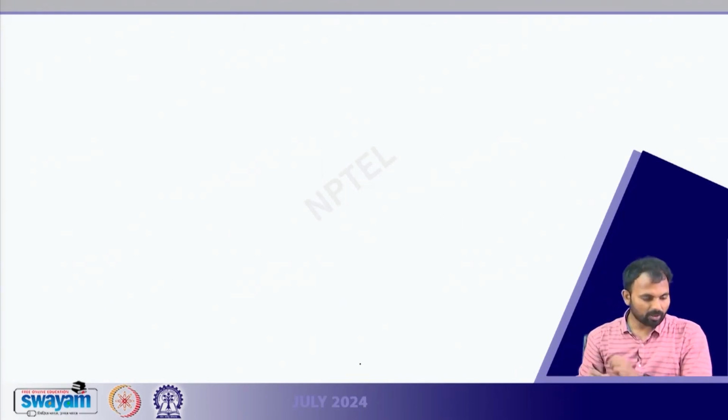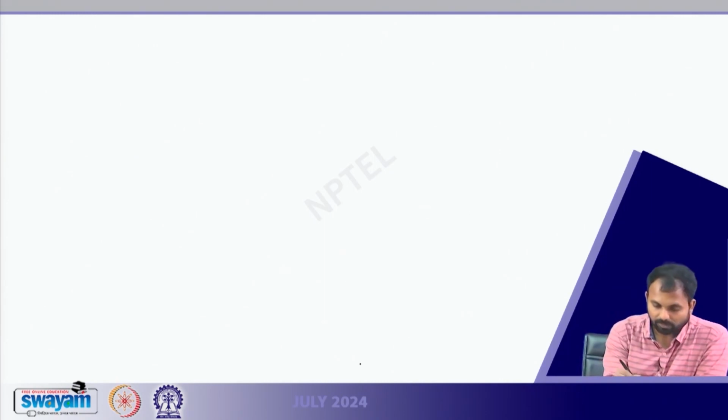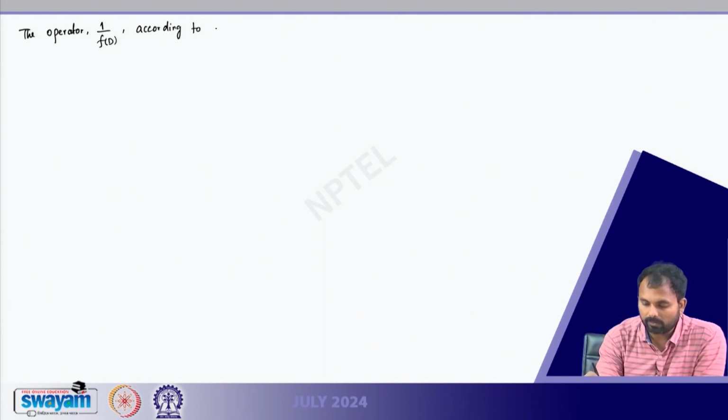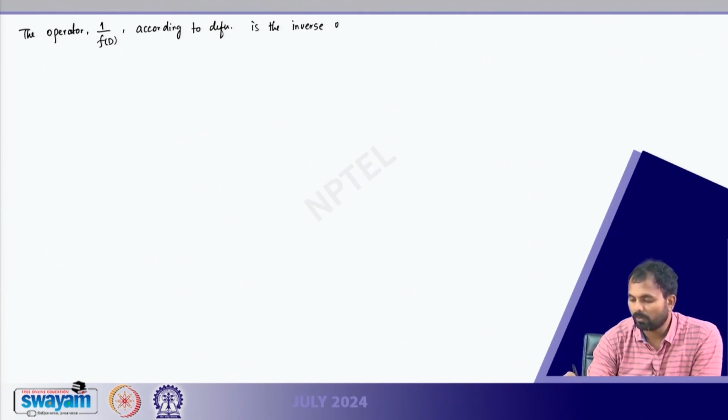Okay. So according to definition, the operator 1 by f(D) is the inverse of the operator f(D), right.